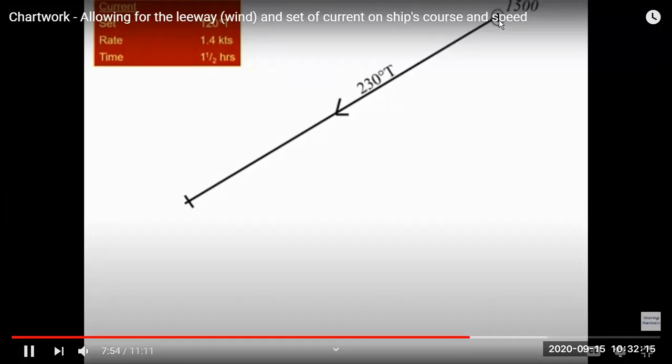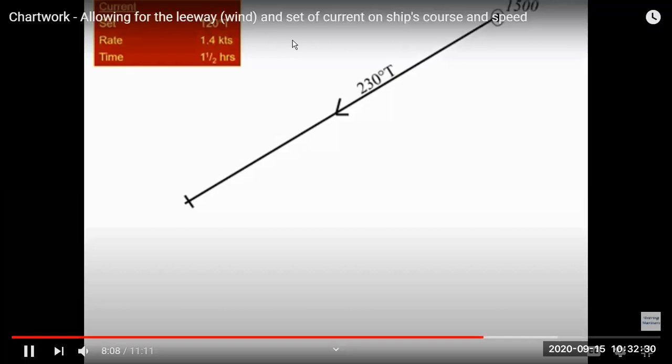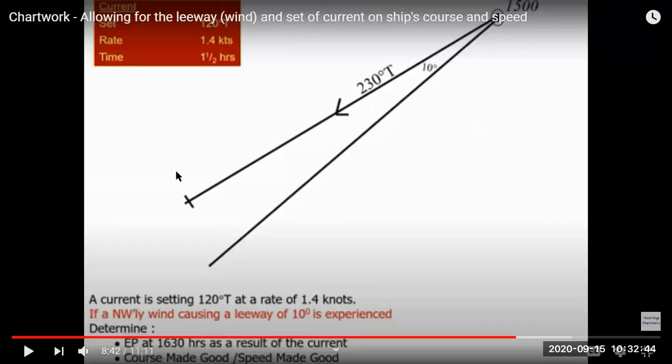For rough, you can assume any position. We go on a course of 230 degrees. Set and rate we have, and let's see what is our wind and leeway. So a northwesterly wind is causing a leeway of 10 degrees, again as we had seen.